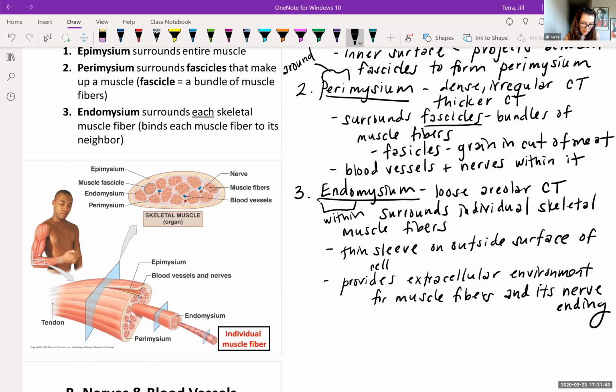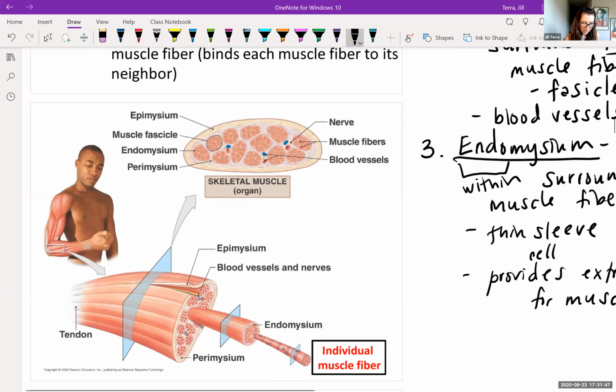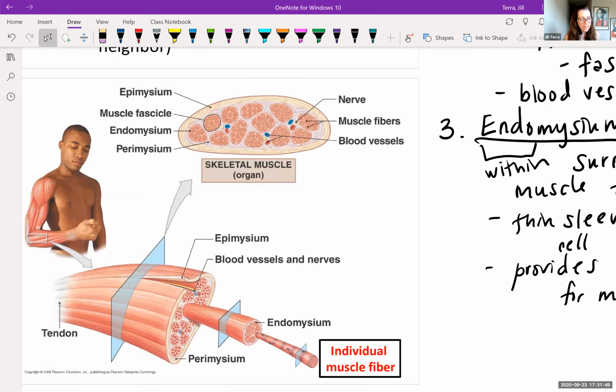Okay, and so this picture really nicely shows the organization of muscles and where these connective tissue wrappings live, and what I am talking about with these fascicles. Here we're looking at a beautiful forearm muscle, an extensor muscle that we're going to be learning about on the lab side of things.